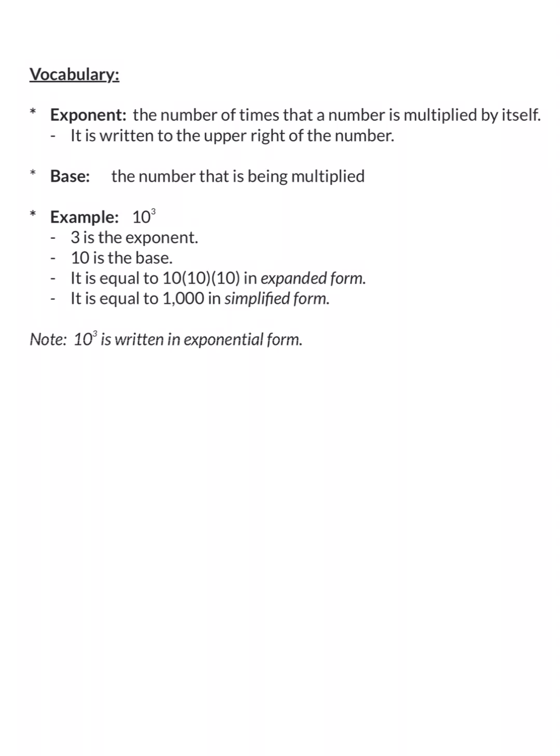If you write it without exponents, we refer to this as expanded form. If you multiply 10 times 10 times 10, you get 1,000, and we refer to this as simplified form. If you write it as 10 cubed, we refer to this as exponential form.